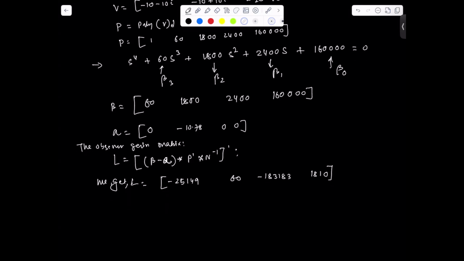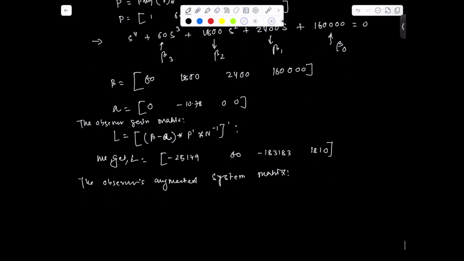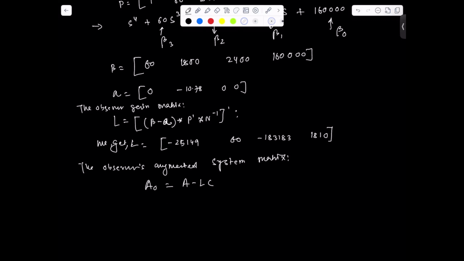So now, using this gain matrix, we can find the observer's augmented system matrix. Let's write the system matrix. This is A naught equal to A minus LC, right?